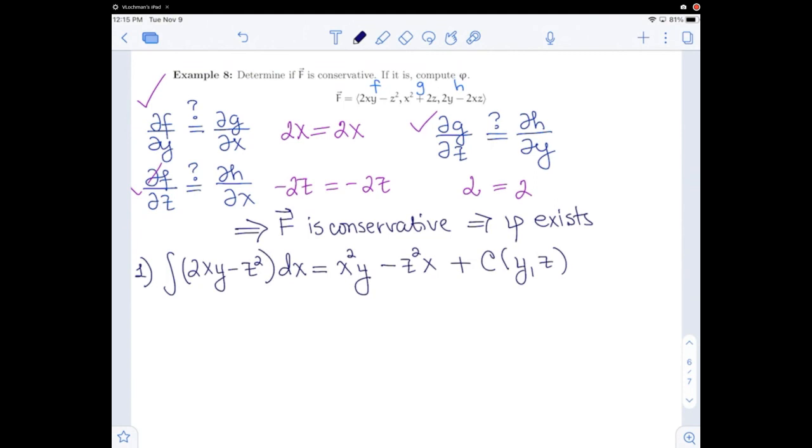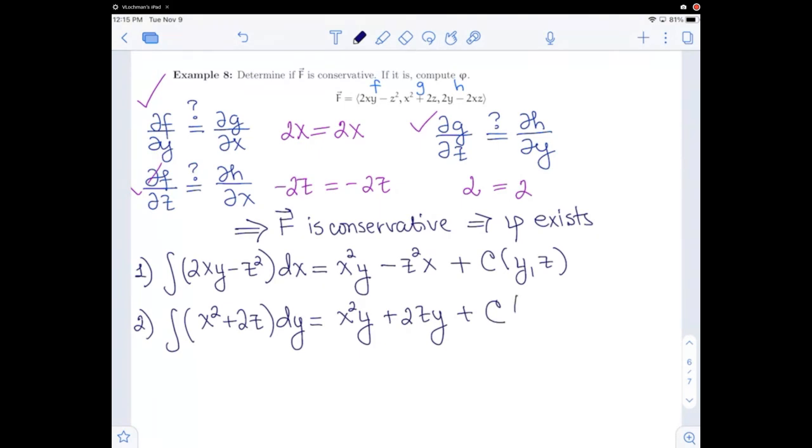All right, so let's compute them all and then we'll line them up and inspect our answers. Second part, x squared plus 2z, we're integrating this with respect to y. That's going to be x squared y plus 2zy plus a constant function of what variables? X and z. Let me check this: x squared y plus 2zy plus c.